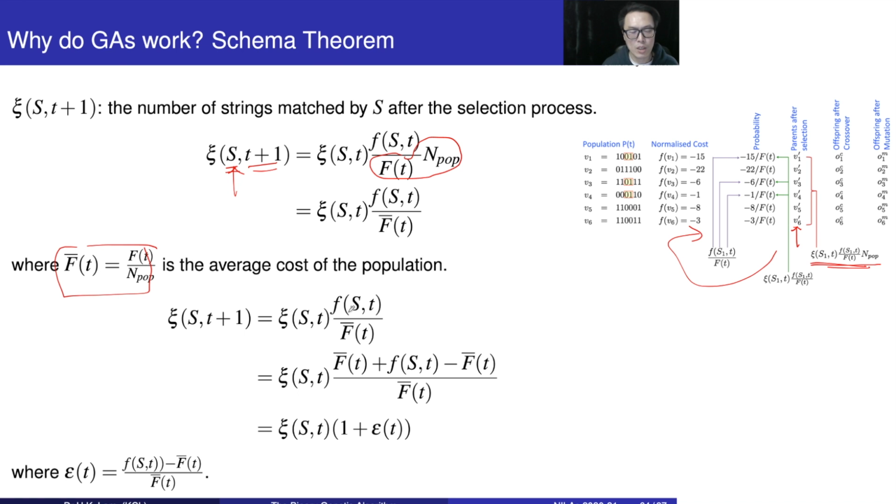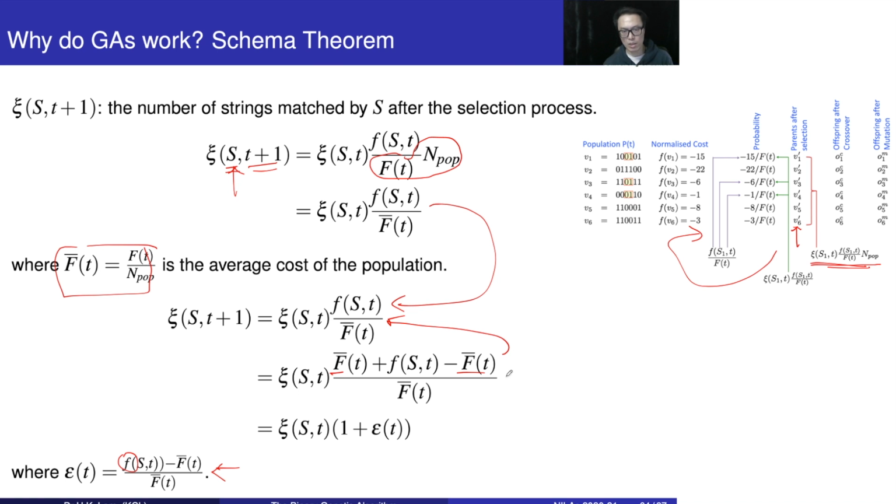So now I'm going to put it right here, and in the numerator we are going to add f bar minus f bar. This equation is exactly the same as this one, but what I'm going to do is define epsilon like this, that is lowercase f minus uppercase f bar, divided by f bar. Again, this f is the average cost of the schema S in the population.